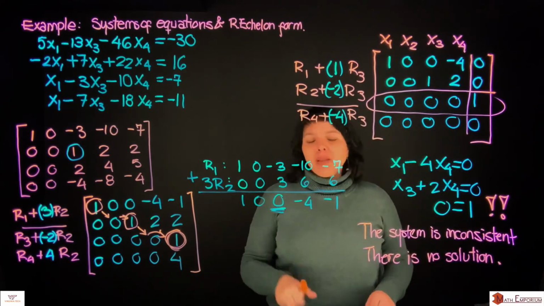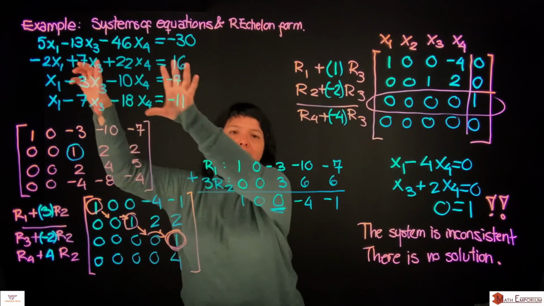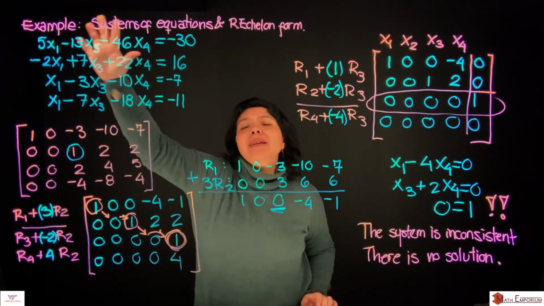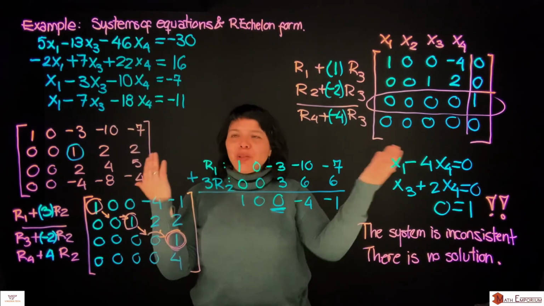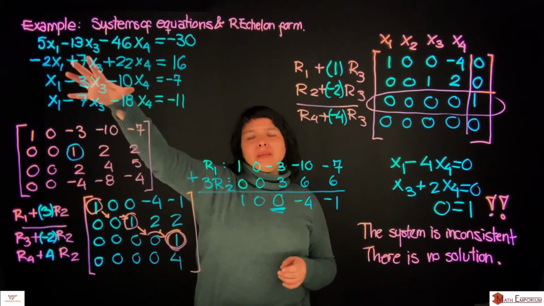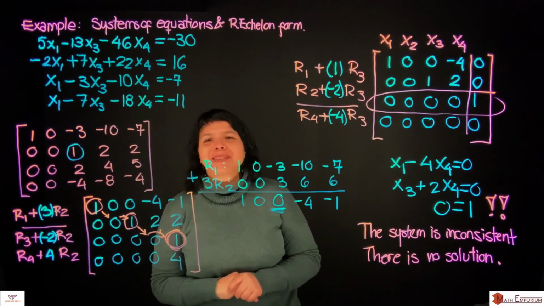Okay, so again, there is no solution to this, but this is equivalent to this, so that means that my original system of equations has no solutions. And now you know the connection between system of equations and reduced echelon form. I hope that this helps. Thank you.